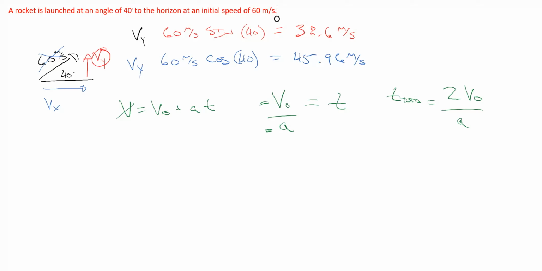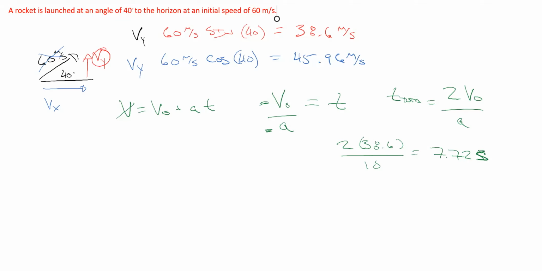So we're going to solve for our t total: 2 times 38.6 divided by 10 gave us a total time of 7.72 seconds that we were in the air for.